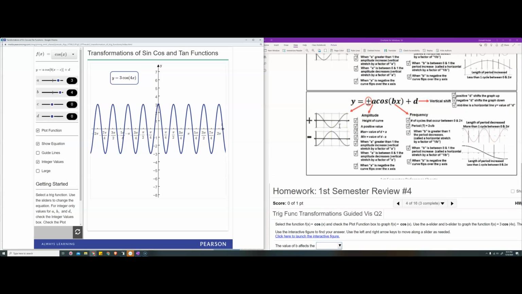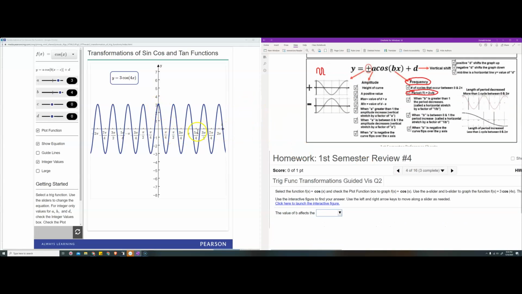So the B value is the frequency, and that's going to affect the period of the function. As this gets larger, the frequency gets larger, the period gets shorter, gets squished together.